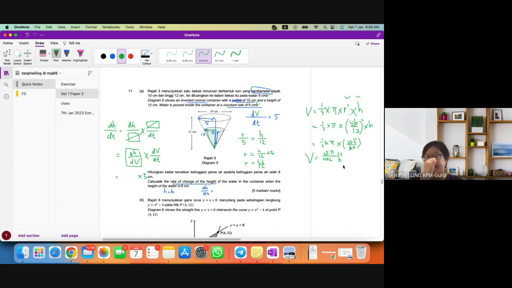25 pi. Okay, so now let us do a dv over dh. This whole thing is a number only. So you just copy back 25 pi over 432. This is just a number. And what is changing, what is differentiating is the h.